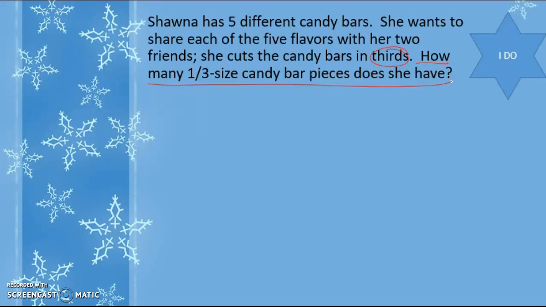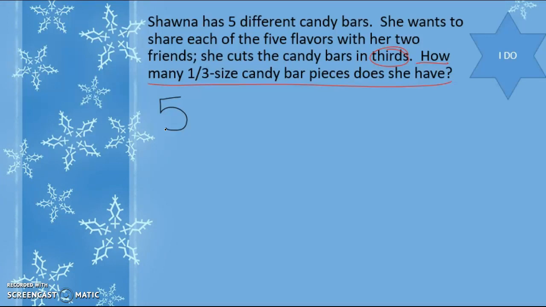Let's use the information that we have to write an equation. We know that Shauna has 5 different candy bars. She wants to share each of the 5 candy bars with her 2 friends, which means she must divide them into thirds.